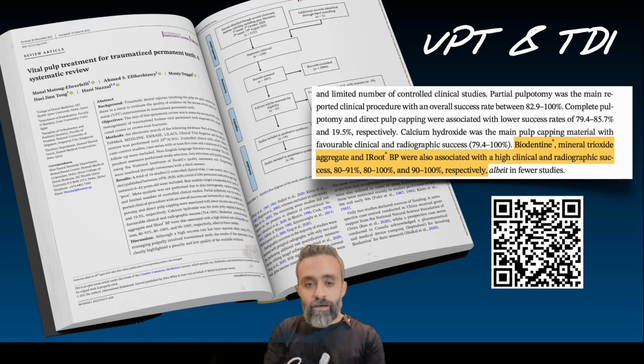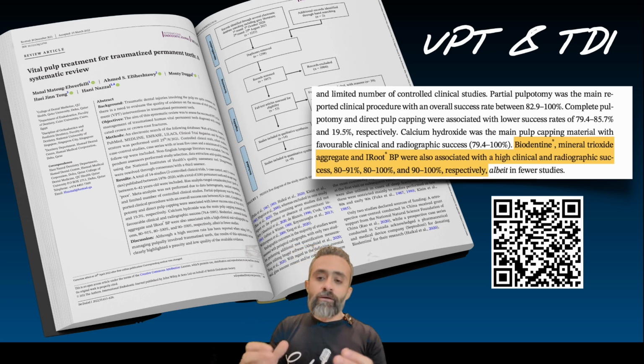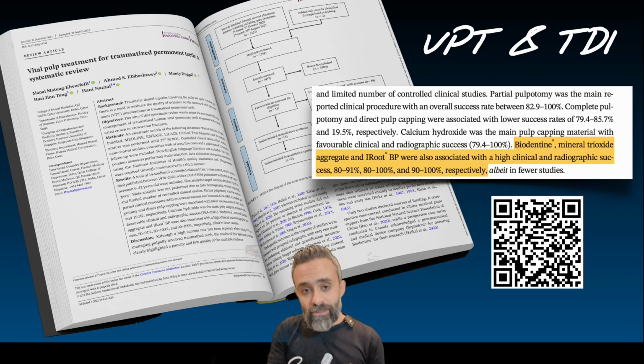And we conducted a systematic review maybe 3 years ago about the success rate of vital pulp treatments, irrespective of the procedure, but it's a vital pulp treatment in traumatic dental injuries, and we have 90 to 100% success rate of these clean exposures.